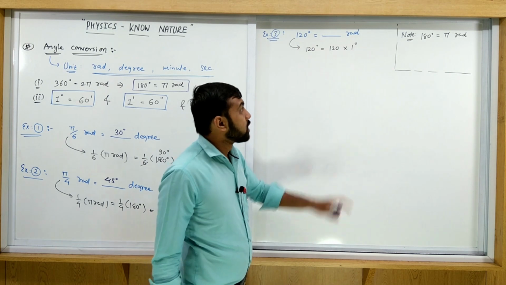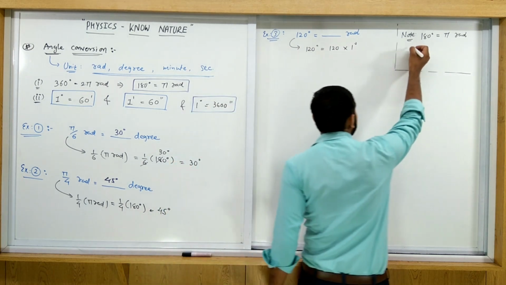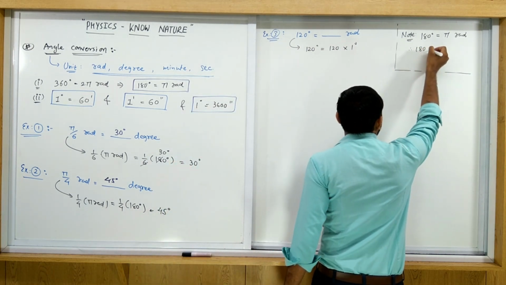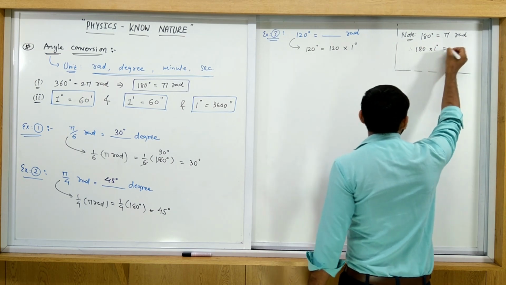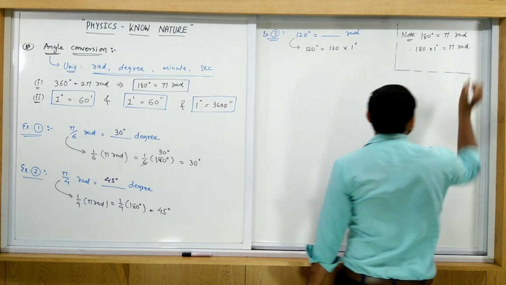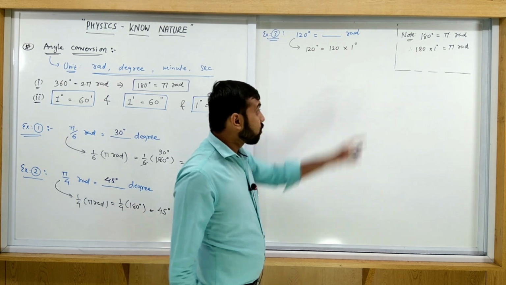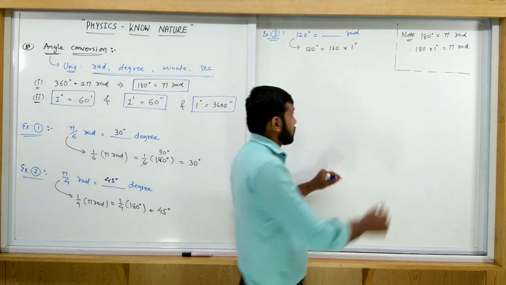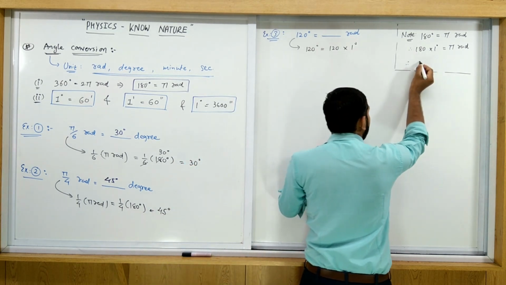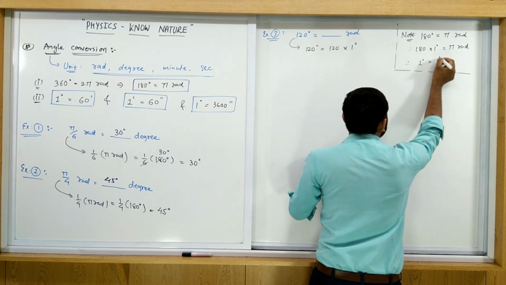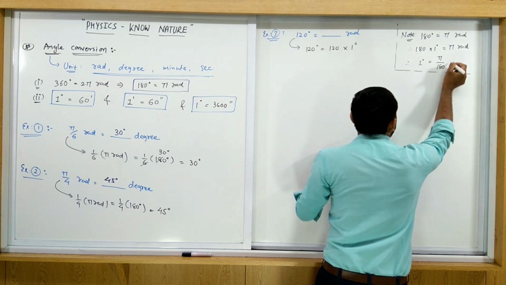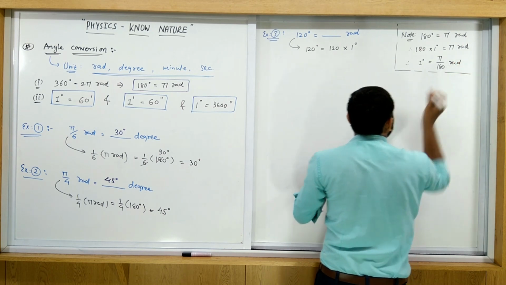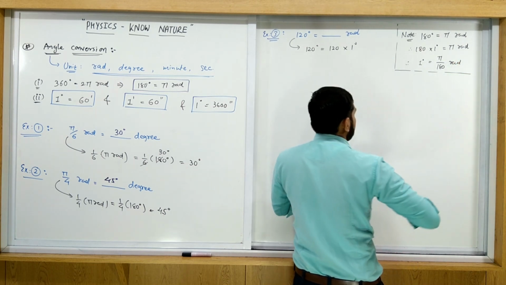Now we write this as 180 multiplied by 1 degree is equal to pi radian. Now find 1 degree from this relation. So 1 degree is equal to pi upon 180 radian. So this is our relation.